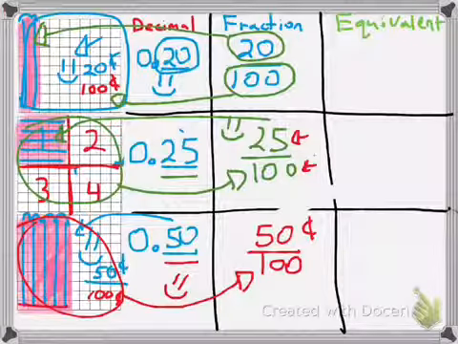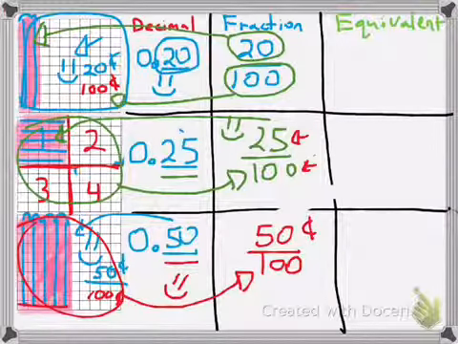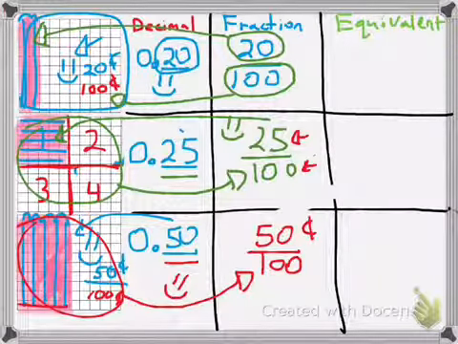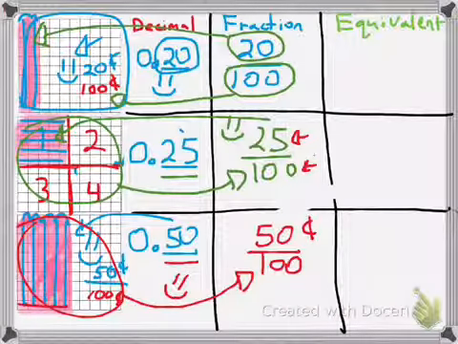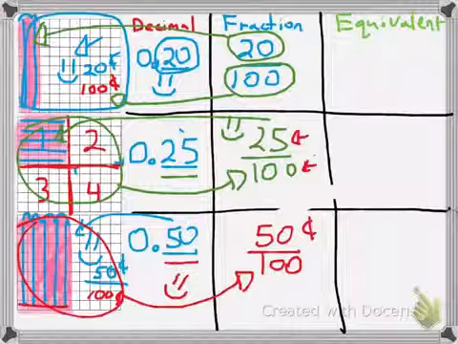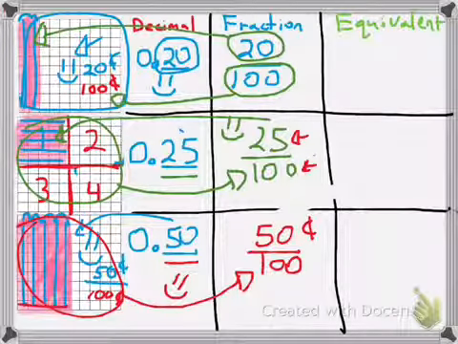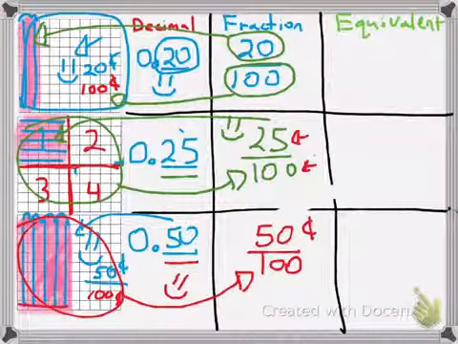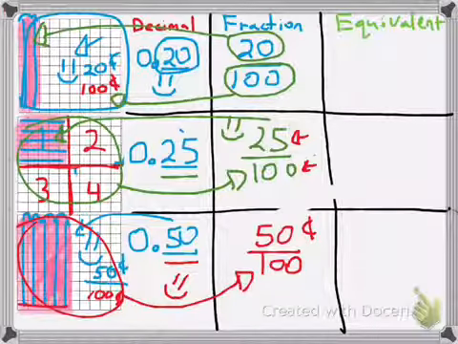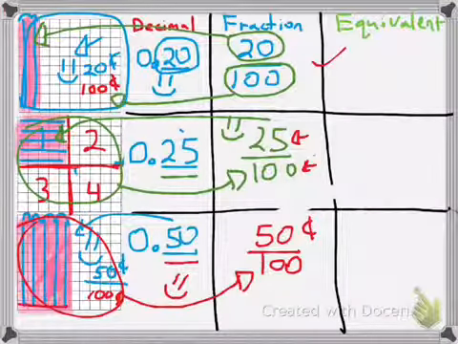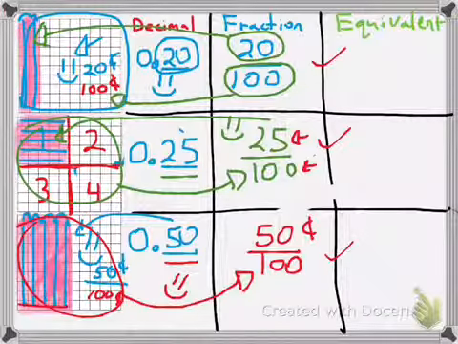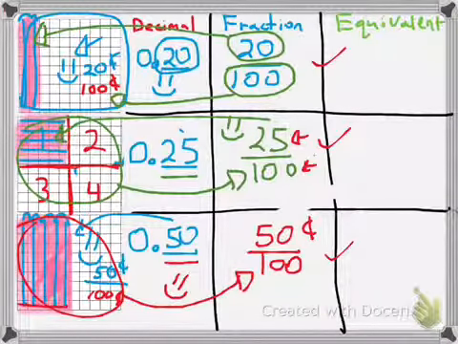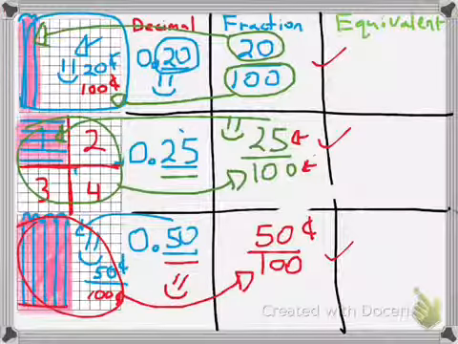And so we have 50 cents out of 100, or we can say we have 50 cents out of $1. That's a different way of looking at it if it helps you think about decimals and fractions. So far, for each one of these we've made a decimal, and we've made a fraction over 100 for each decimal value.